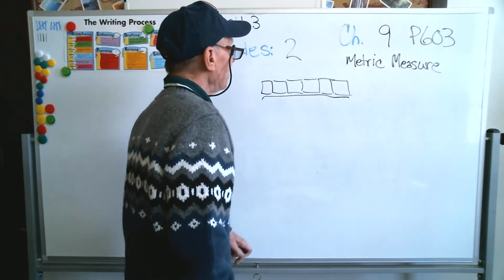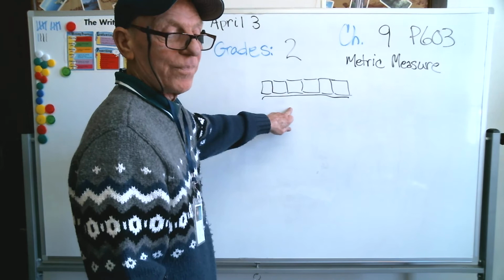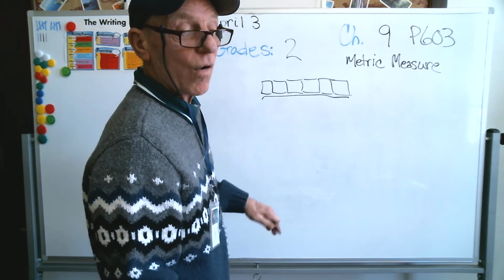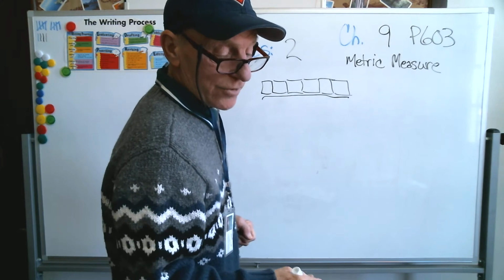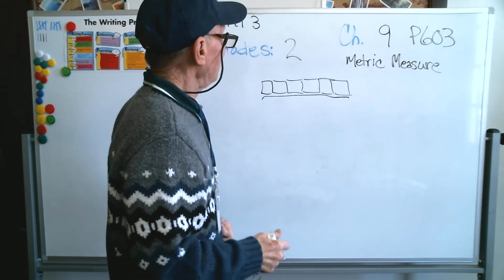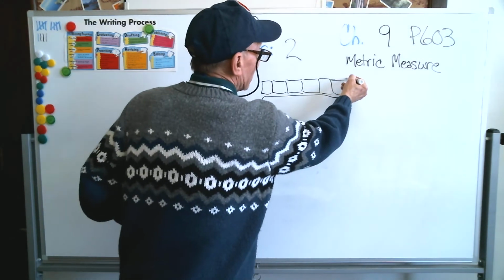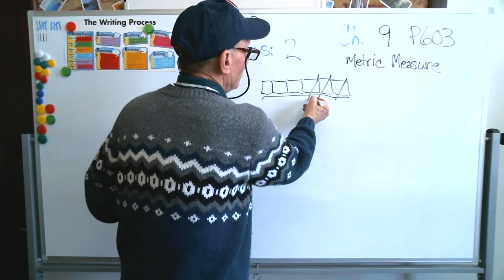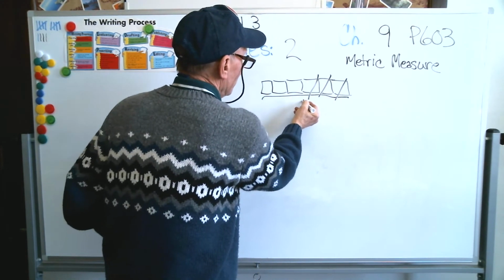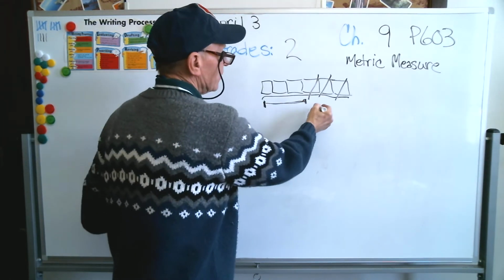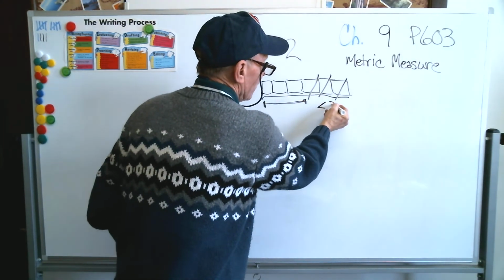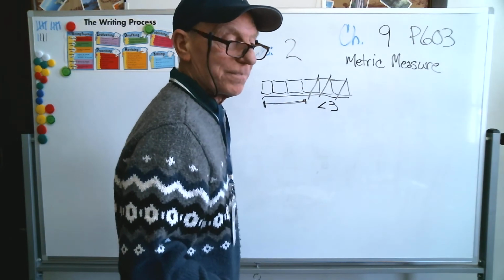So you measure your string, and let's use our blocks. And according to my blocks in my drawing here, it's 6 blocks long or 6 centimeters. Now, if her pencil is 3 centimeters shorter, you want to get rid of 3 centimeters, and her pencil is only that long because it's 3 centimeters less.